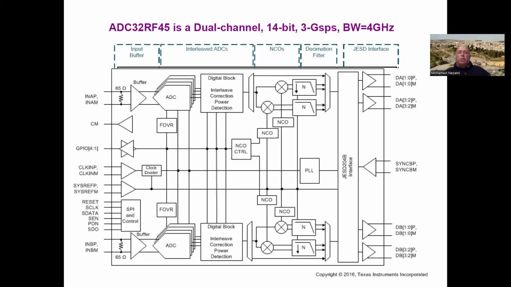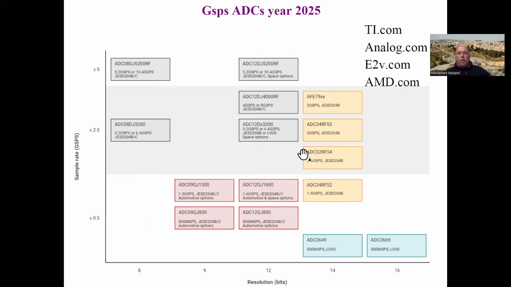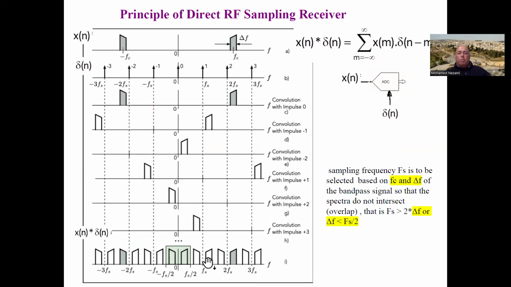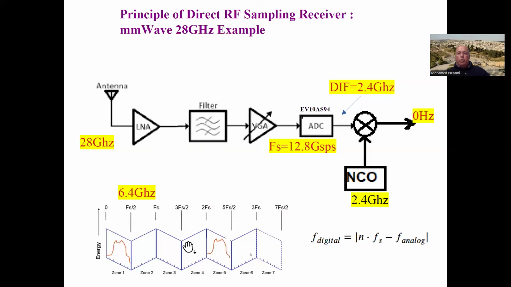The reason we have such a gigantic sample rate is to separate the images, the replicas in here. You need to run Fs so high to get these away from each other so you can recover one of them using digital down conversion.